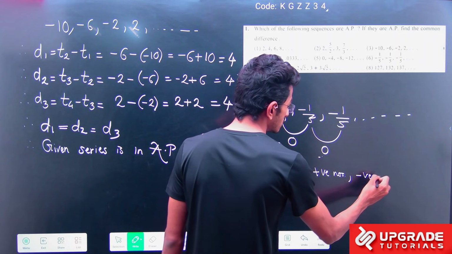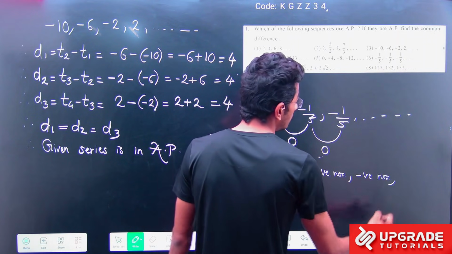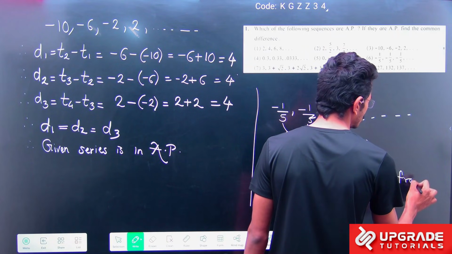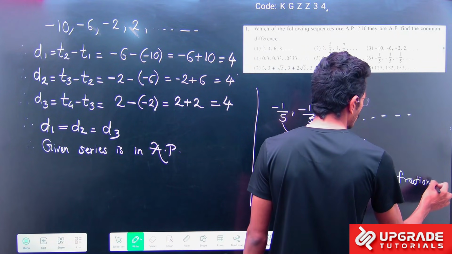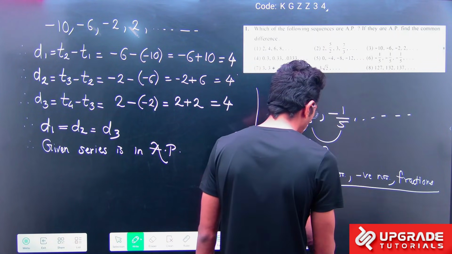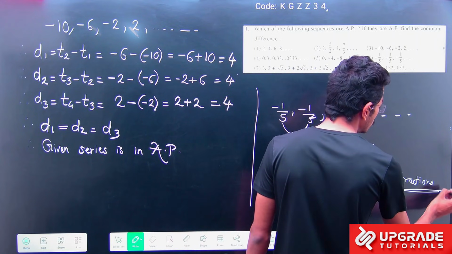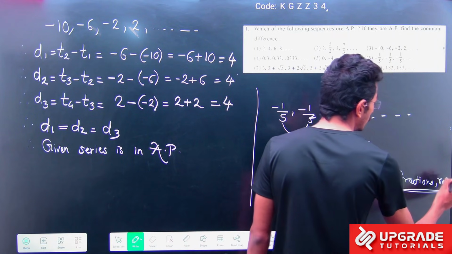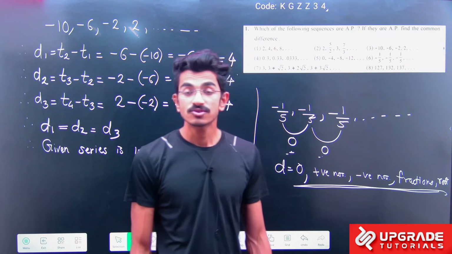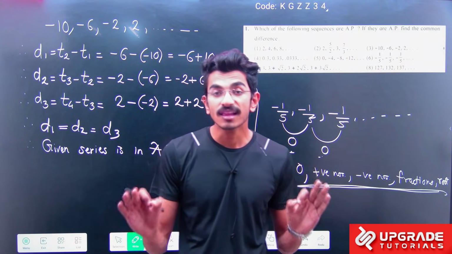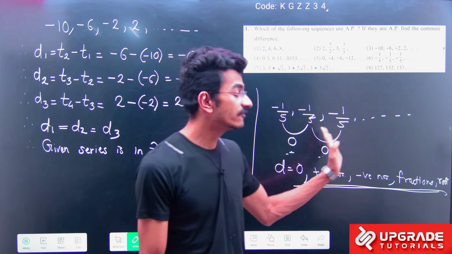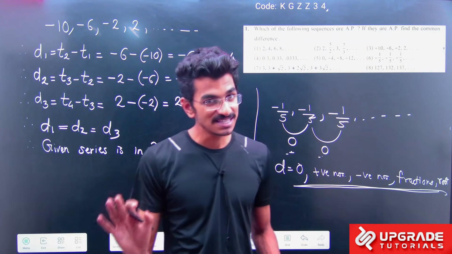negative numbers, even fractions. So the common difference can be any of these. Also they can be roots of any numbers. So any real number can be the difference, but it should be the same.